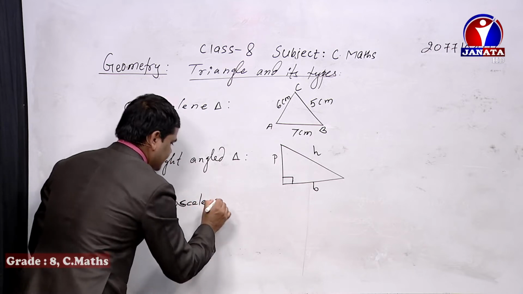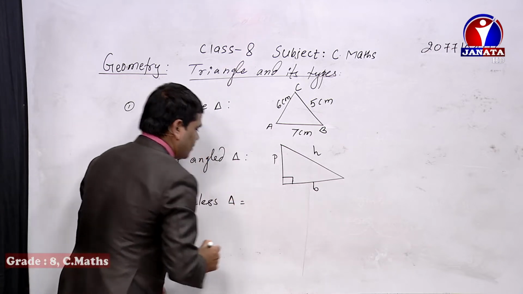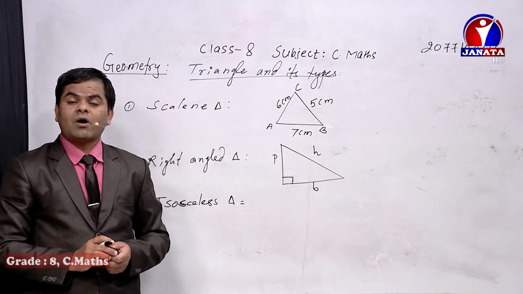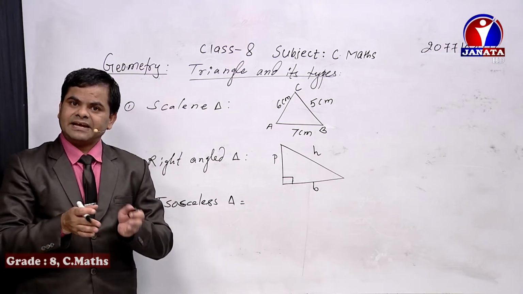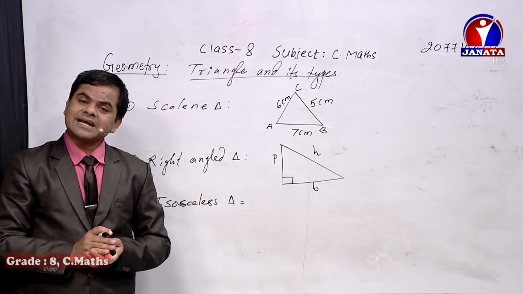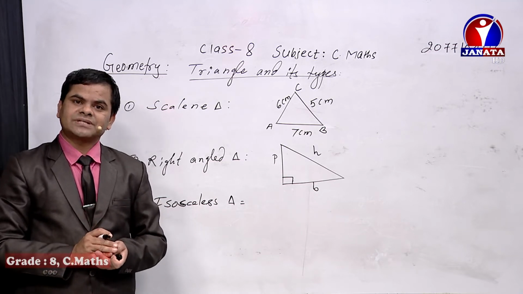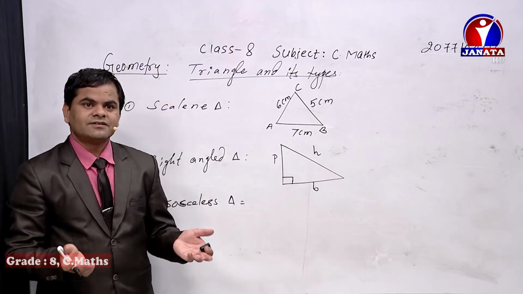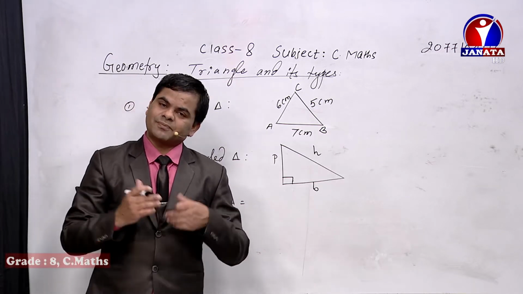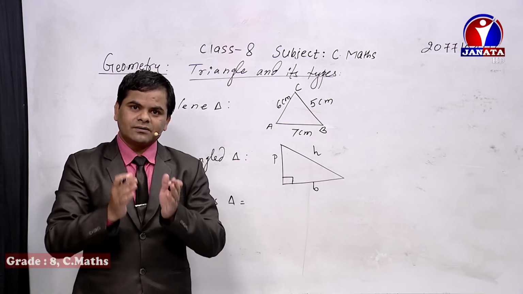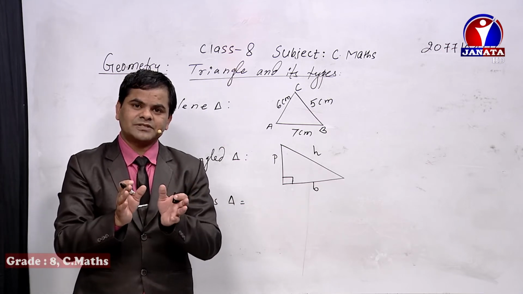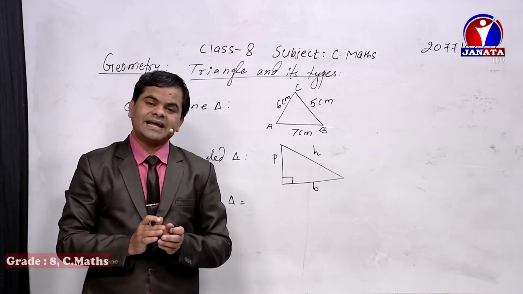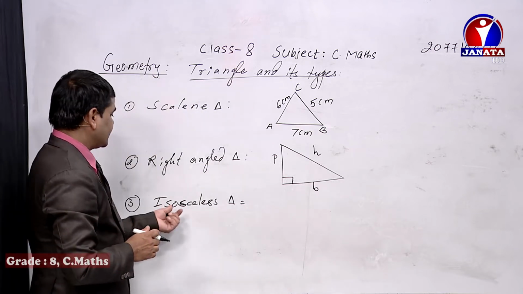Isosceles triangle. A triangle, dear friend, among whose three sides, if two sides are equal, that type of triangle is known as an isosceles triangle. That means the measurements may be different, but among those different measurements, if two sides' measurements are exactly equal, that type of triangle is known as an isosceles triangle.